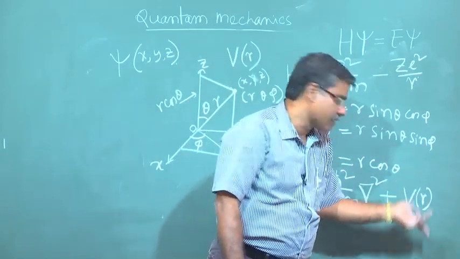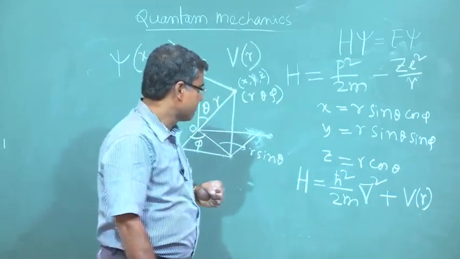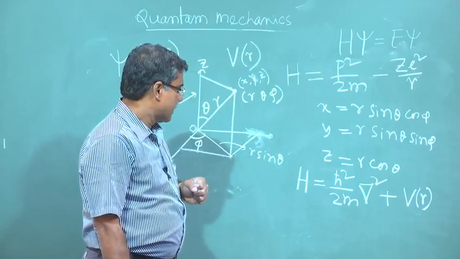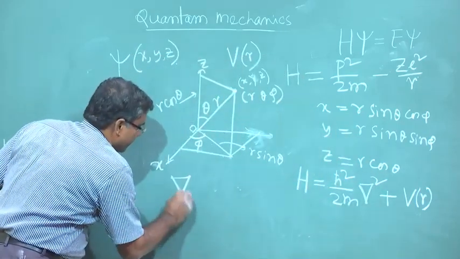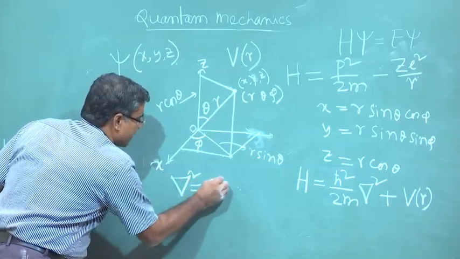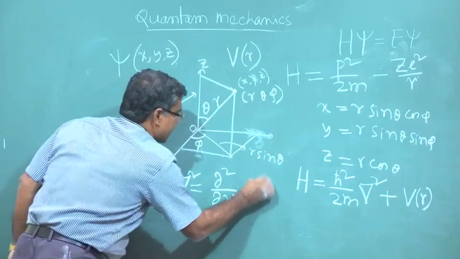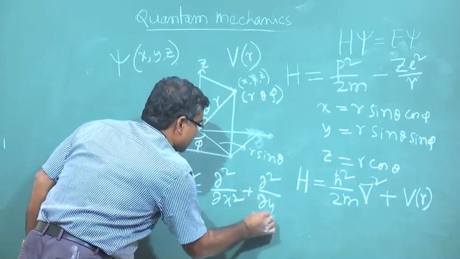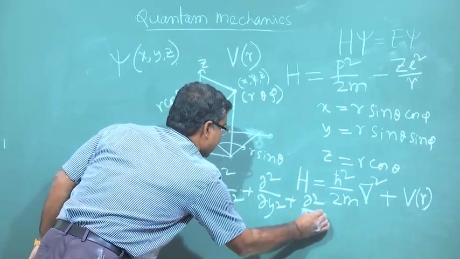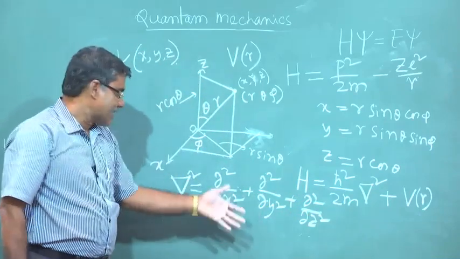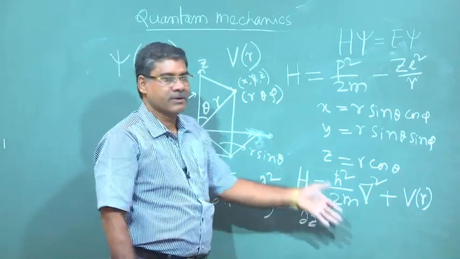We know this has spherical symmetry. Now del square in Cartesian coordinates is del 2 by del x square plus del 2 by del y square plus del 2 by del z square. Now I have to find this in polar coordinates.